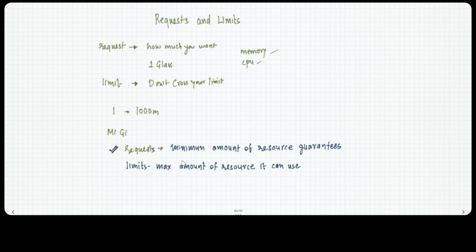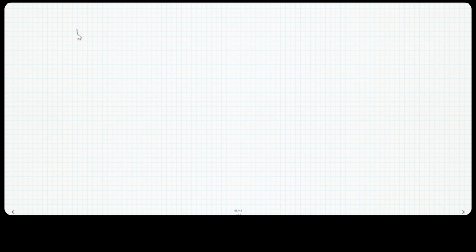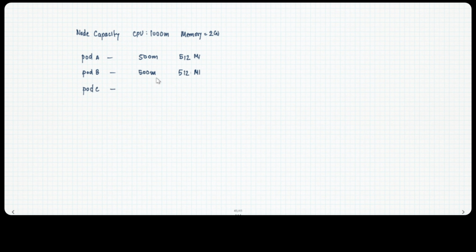We'll dig into detail. Let's say a node capacity CPU is 1, or you can say 1000 m, and memory is 2 Gi. Suppose pod A requests 500 m and 500 Mi, pod B requests 500 m and 500 Mi. It's 512 so it could be accommodated, right? So pod C, just forget everything like overhead, just for understanding purposes.